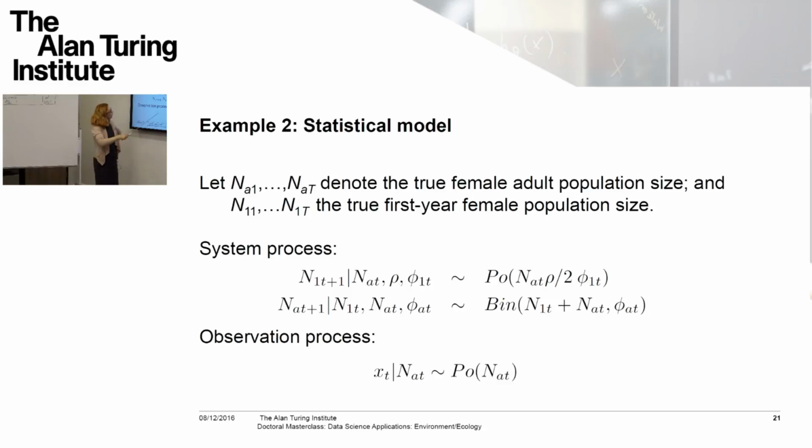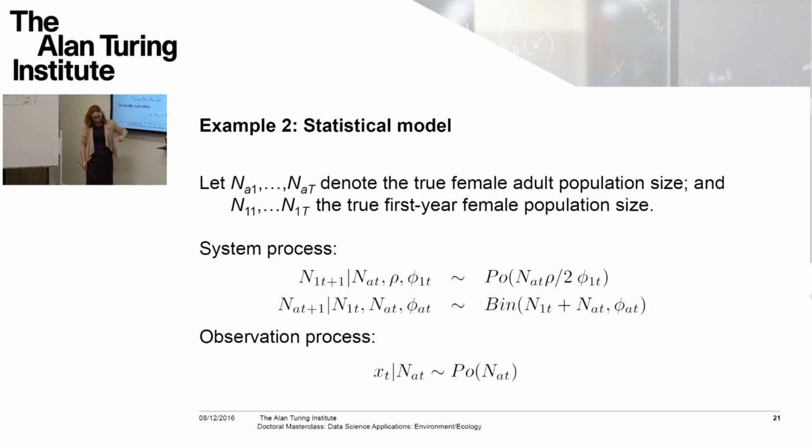The number of first-year birds at time t depends on how many adults were breeding the previous year. First-year birds don't breed, so only adults breed. So it's going to be a function of the number of adults the time before, what their fecundity rate is, how many chicks they produce, and the probability of chicks surviving.